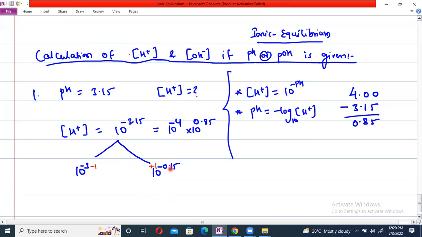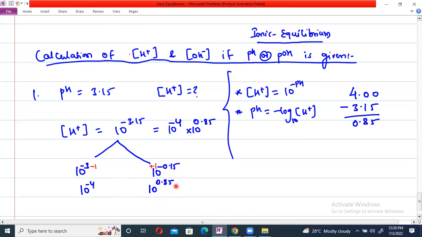Minus 3 minus 0.15 becomes minus 3.15. By solving this one, I will get 10 to the power of minus 4, and by solving this one, I will get 10 to the power of 0.85. Same thing we got here.